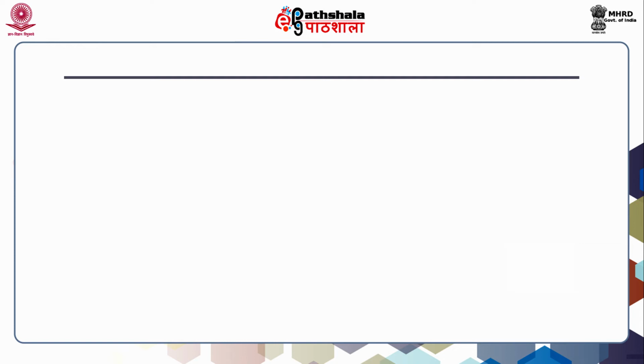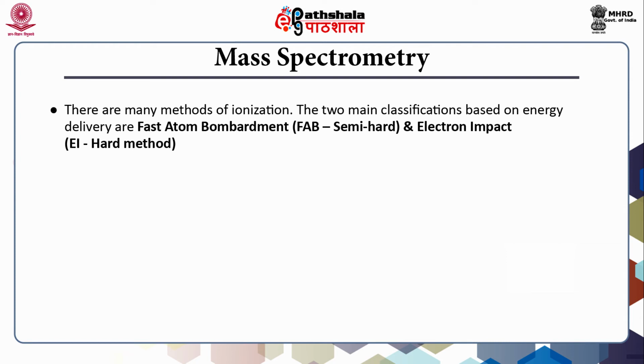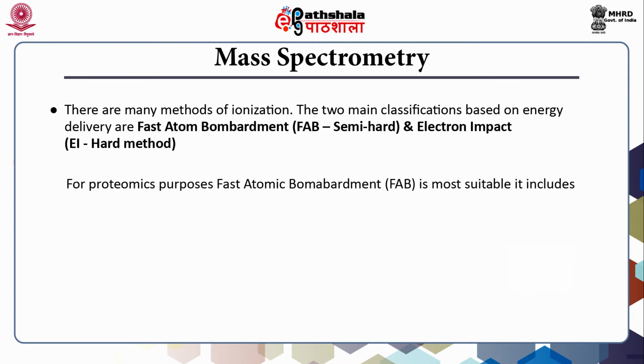Therefore, in mass spectrometry, first of all we will talk about ionization. There are many methods of ionization. The two main classifications based on energy derived are fast atom bombardment, FAB, which is semi hard, and electron impact, which is a hard method. For proteomics purposes, soft ionization methods are most suitable.